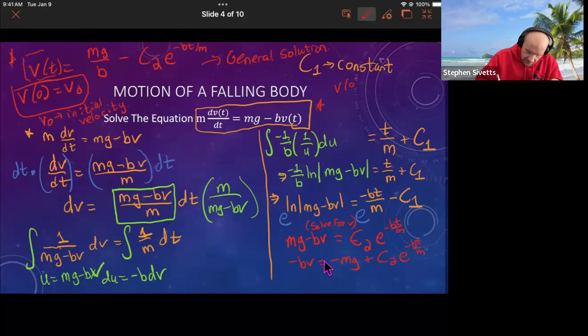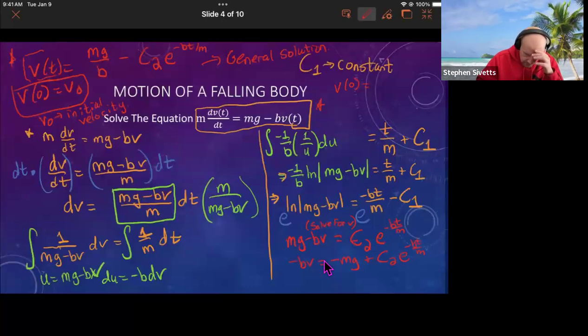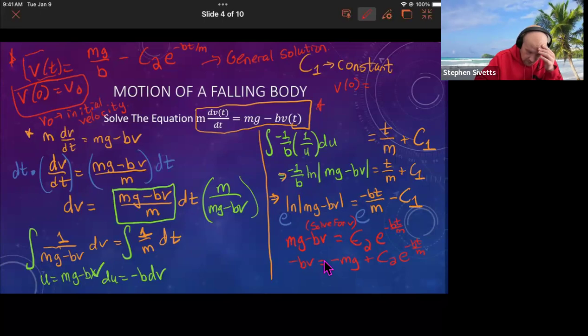So it will be v of 0 equals, so this quantity would be 0, and minus C2 equals v naught. So it'll be v naught minus mg over b.